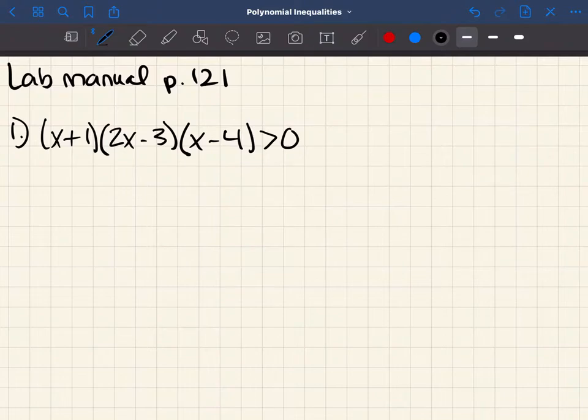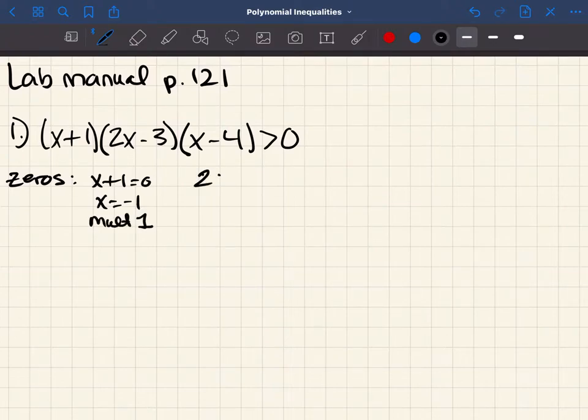greater than 0. So here we have a factored polynomial, so we need to locate our zeros and our multiplicity. So we have x equal to -1, multiplicity is 1.